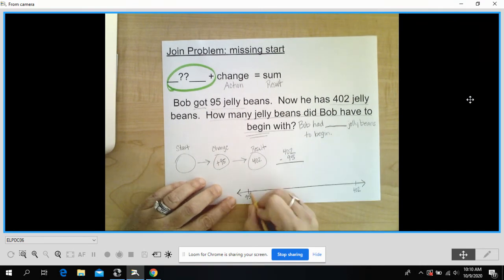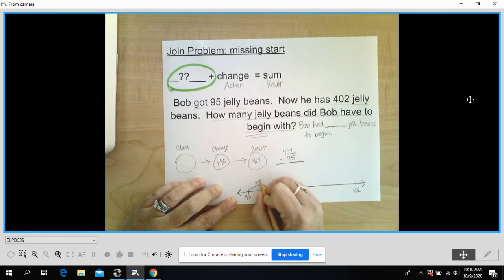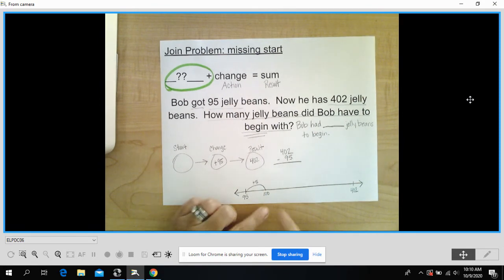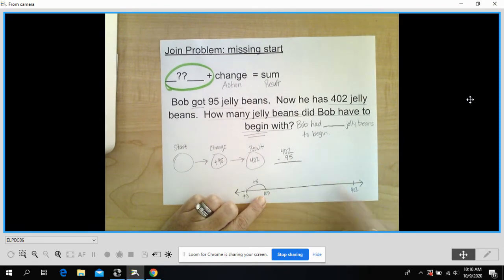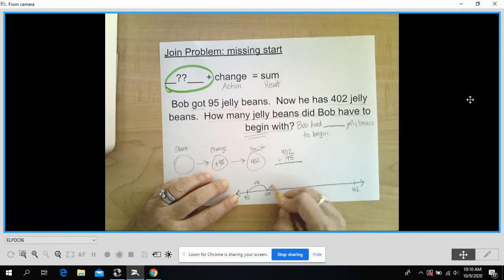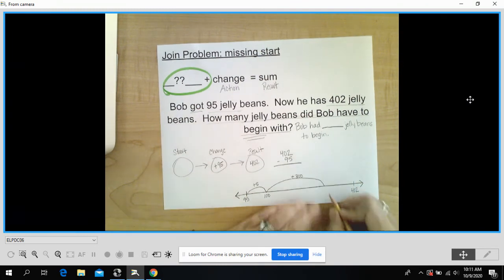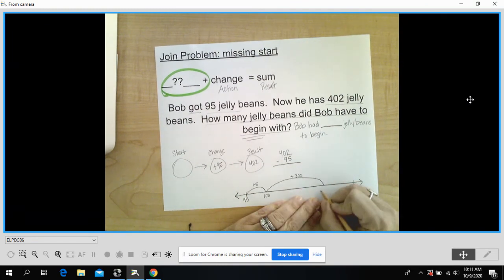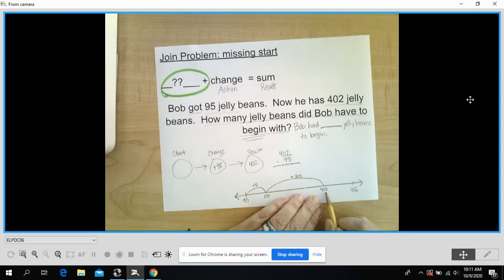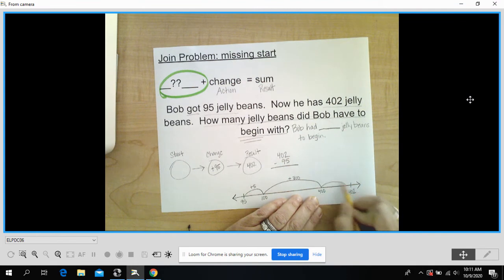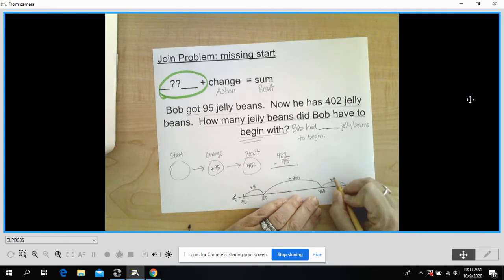Okay? So 95, to me, it gets friendly to do a plus 5, because that takes me to 100. From 100 to 400 would be a plus 300. So now on my number line, from 100 to 400, I did a big jump of plus 300, and then from 400 to 402 is a plus 2.